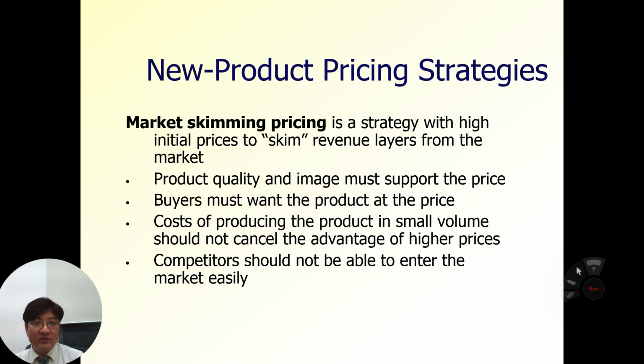Otherwise, why would people pay a high price for a cheaper-looking product? No, right? So the product quality and image must support the price. Or it shouldn't be too high. You still need a certain number of buyers who can pay the price for the product.